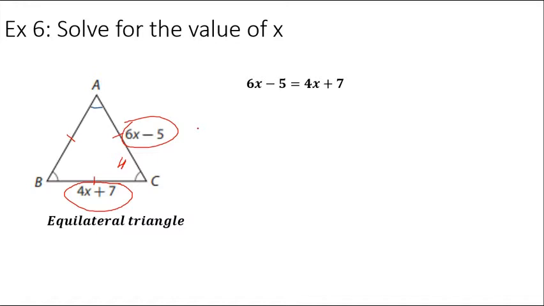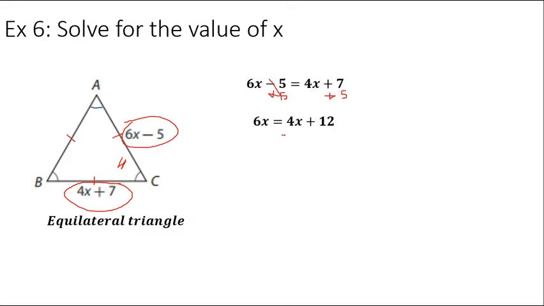Next I'm going to combine like terms. I'm going to add 5 to both sides. So I end up getting 6x equals 4x plus 12.